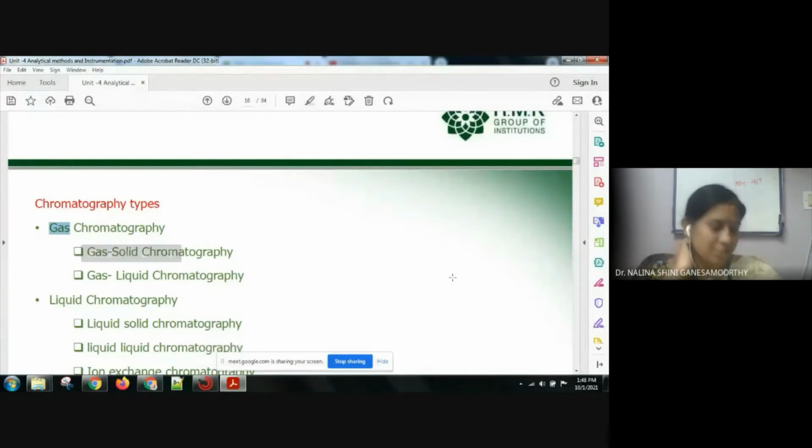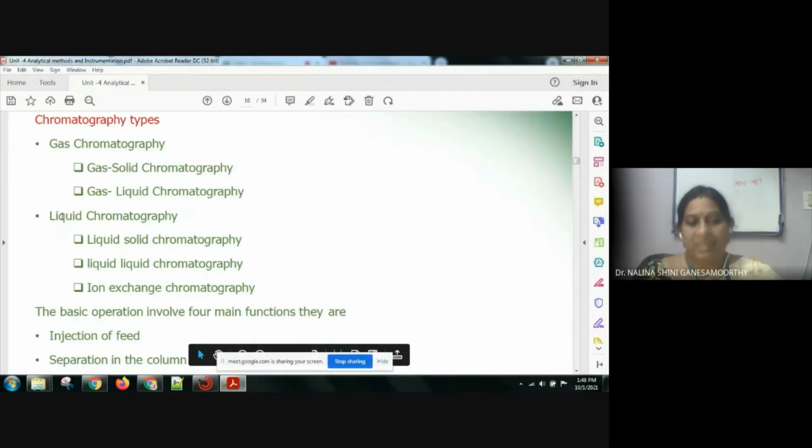This is the mobile phase and this is the stationary phase: gas solid, gas liquid. Similarly, liquid chromatography: liquid solid, liquid liquid. Then you have one more type called ion exchange chromatography. These are some special types of chromatography which we'll see in the subsequent classes.